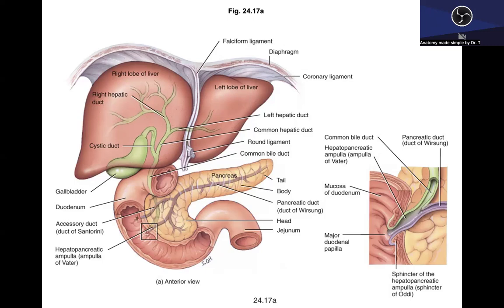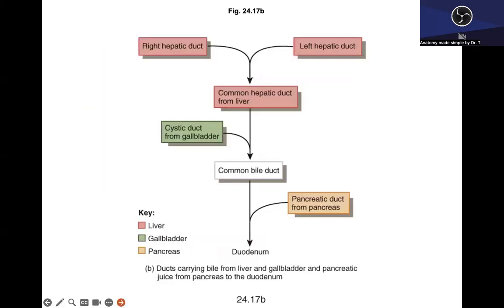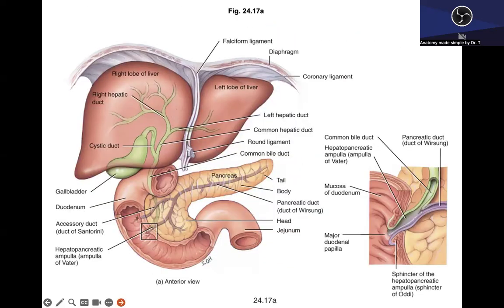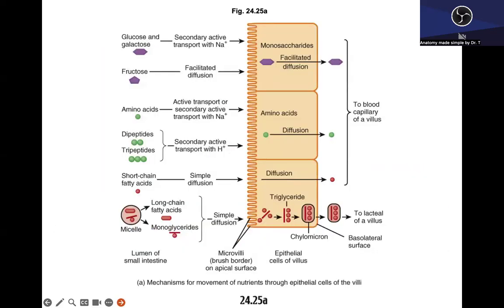Now, a little bit about absorption. And for the absorption, I would prefer if you and I can just go to this diagram, and don't worry, we'll come back to liver and pancreas later on. So just to make sure that we understand what's going on.